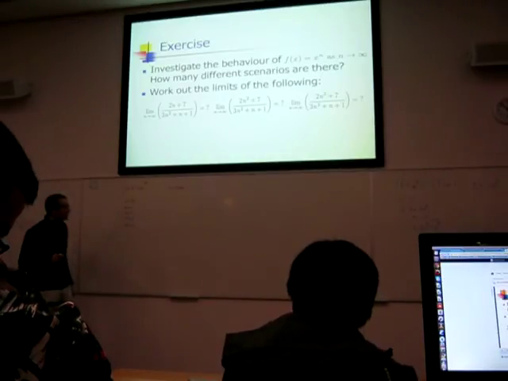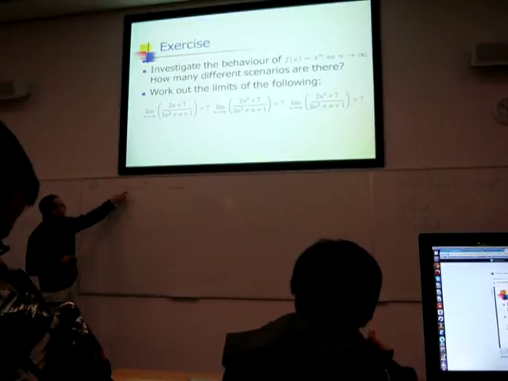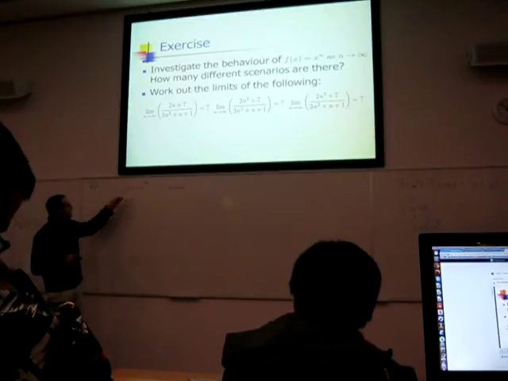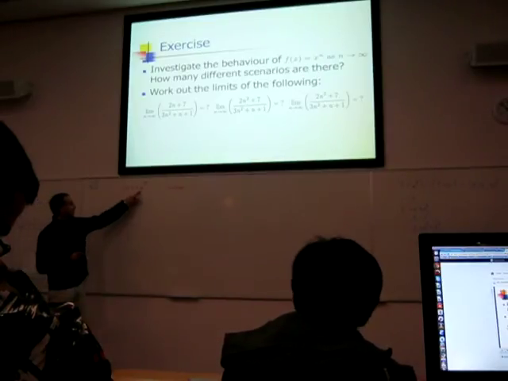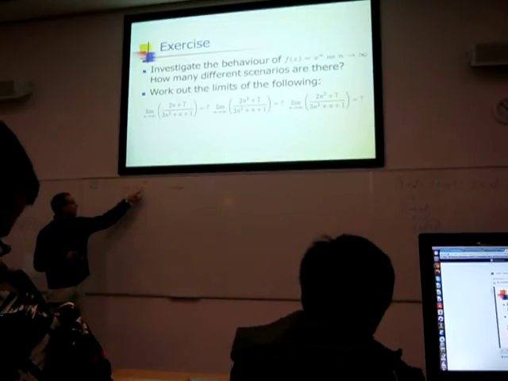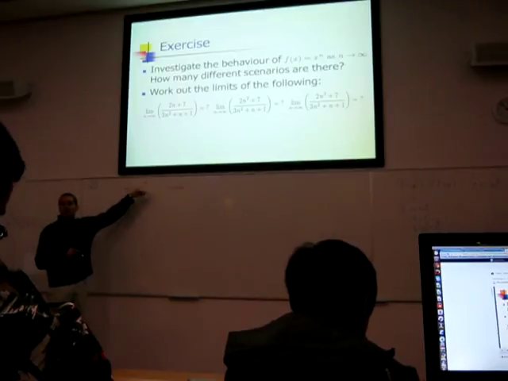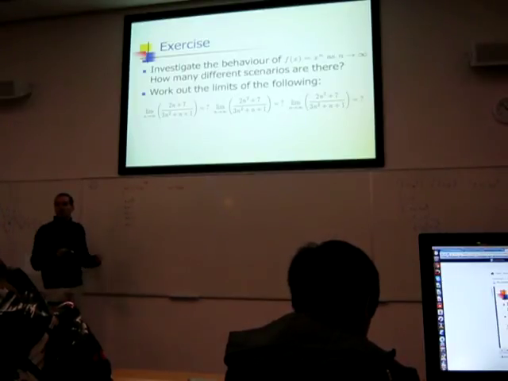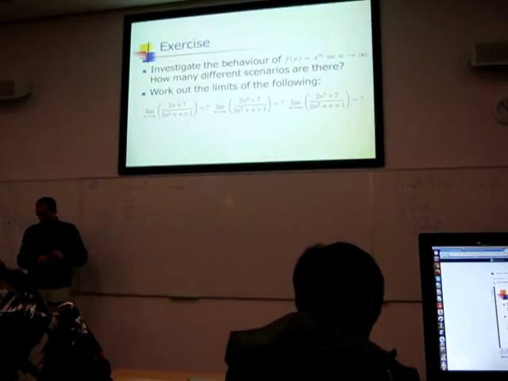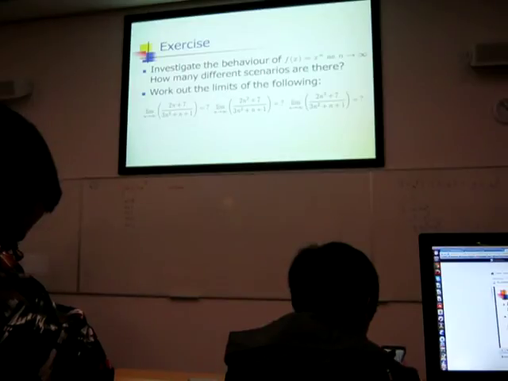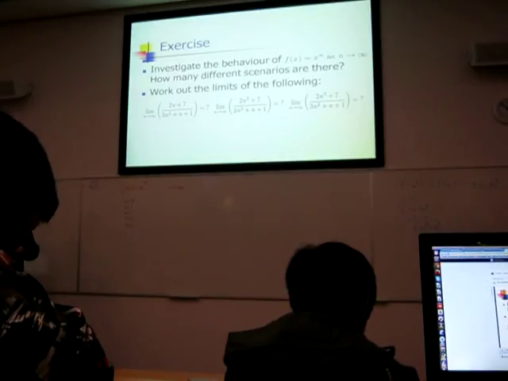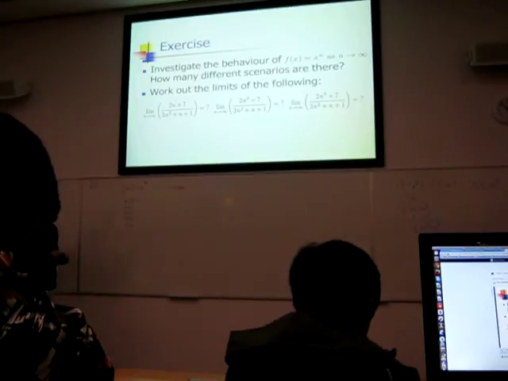Okay, so for example, if you assume x is equal to 0, well, what happens? Basically, 0 to the power of anything is still 0. The limit is 0.